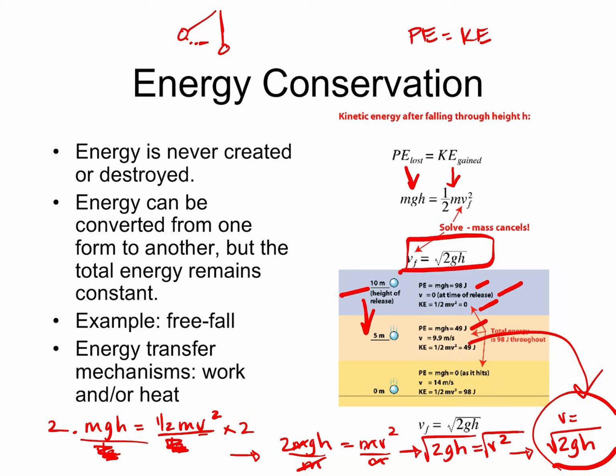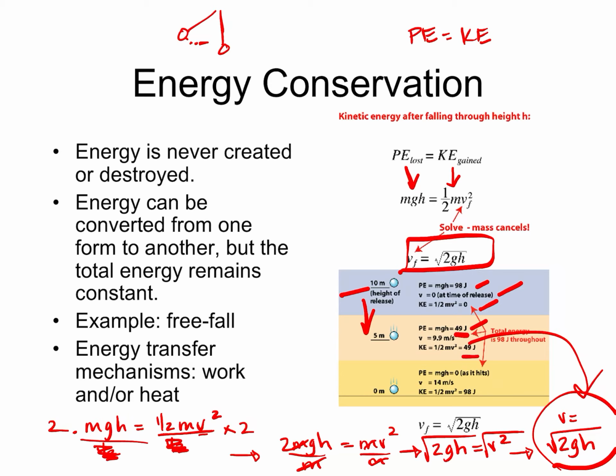So you just do the square root of 2 times gravity times that 5 meters. And then for the kinetic energy, you could just do your 1/2 mass times velocity squared. So once you find the velocity, then you'd be able to find that kinetic energy.